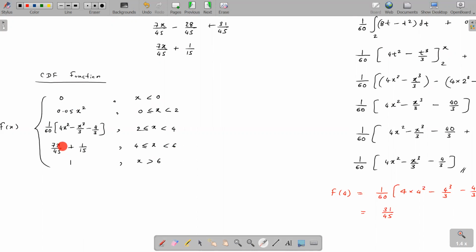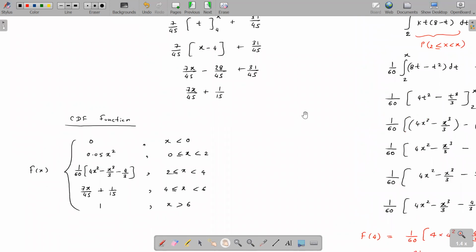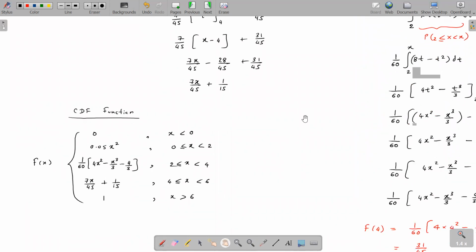When you replace x with 6 here, 7 times 6 over 45 plus 1 over 15 must be 1, and for any other x value it's not going to go beyond that. These are some basic theories that you learn in the textbook as well. So this is how we define the CDF function.